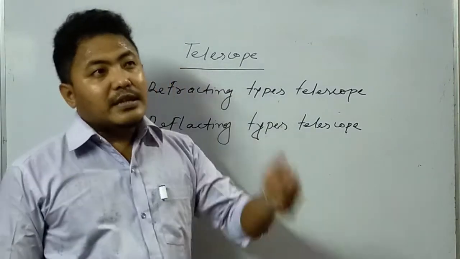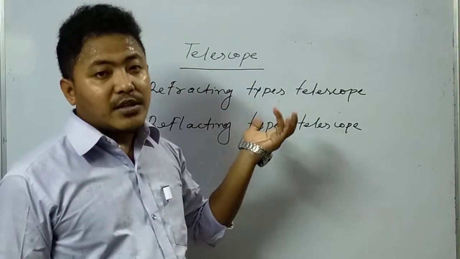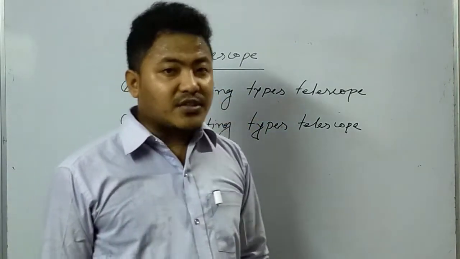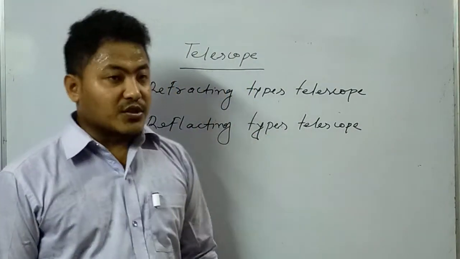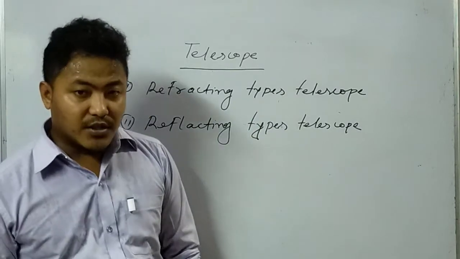That means we use this optical instrument to see a distant object nearby, and that too distinctly. So this is the definition of a telescope.